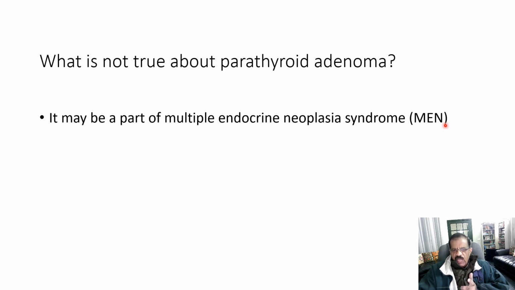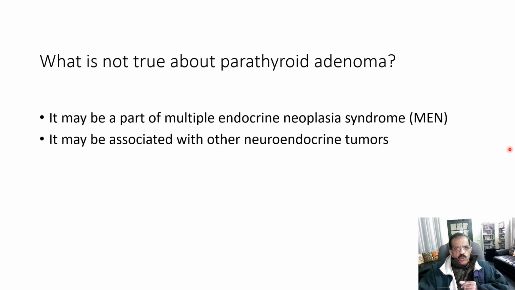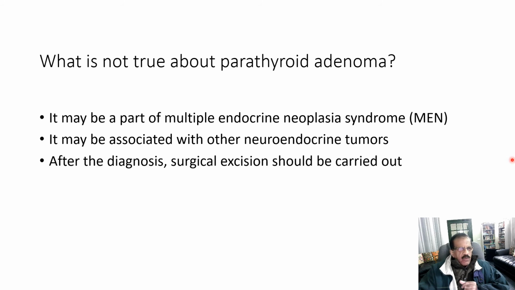Actually, there are various types of MEN, and just consider it MEN in general. And the second is it may be associated with other neuroendocrine tumors like pheochromocytoma, somatostatinoma, pituitary tumors. So I think that is the second question.